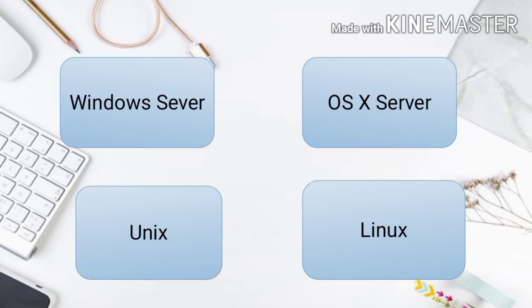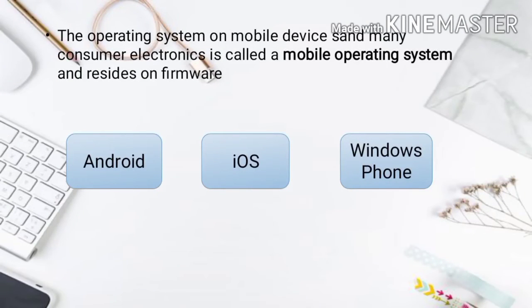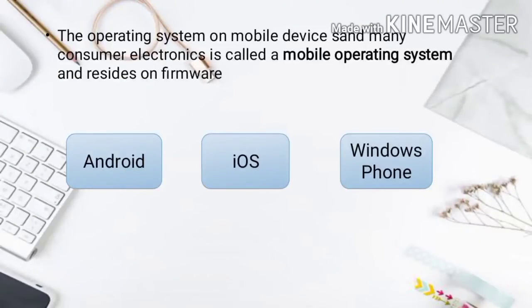The operating system on mobile devices and many consumer electronics is called a mobile operating system and resides on firmware, like Android, iOS, Windows Phone. The most well-known mobile operating systems are Android, iOS, Windows Phone OS, and Symbian.